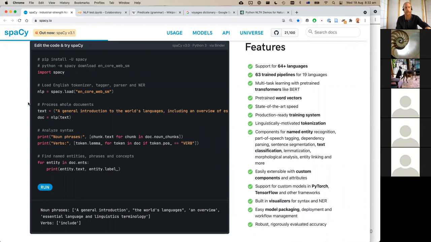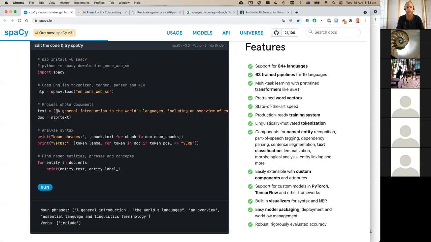It's a little Python script. We can import the spaCy package. We'll load this English tokenizer, part of speech tagger and NER, named entity recognition, module, and then we'll use that to process some text.